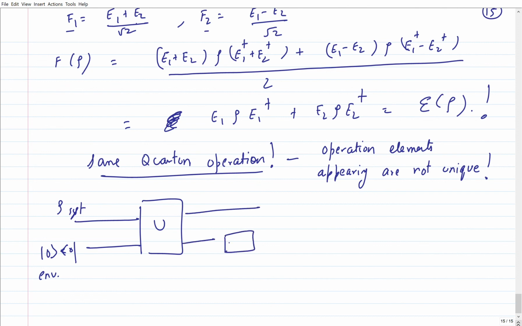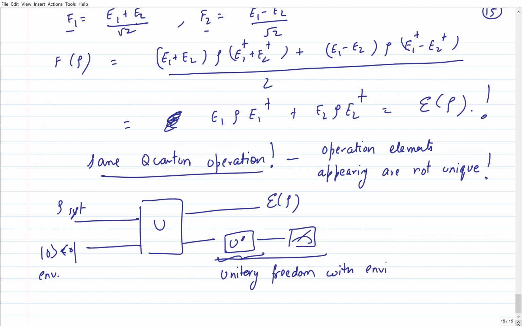And no matter what I do to the environment through some unitary, and I can make a measurement, I'll get the same quantum operation on the system. So there's a unitary freedom in what I do with the environment, because ultimately I have to trace out the environment, and it does not change the quantum operation on the principal system.